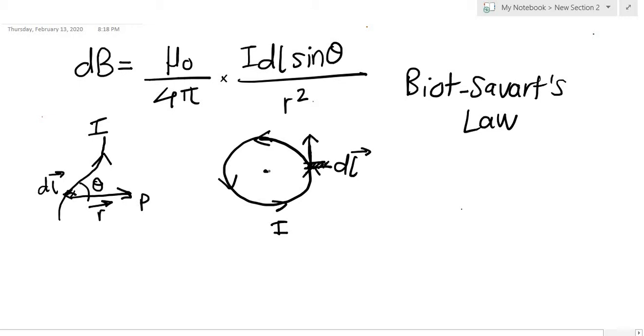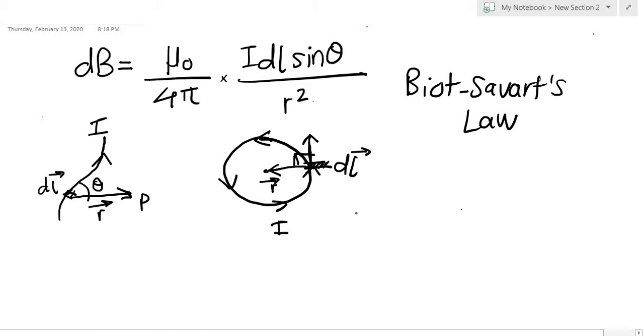And then they tell you to find the magnetic field at the center. So from that dl element we can draw a position vector, call it r bar. And if you know the properties of circles, the radius and the tangent are perpendicular to each other at a given point.